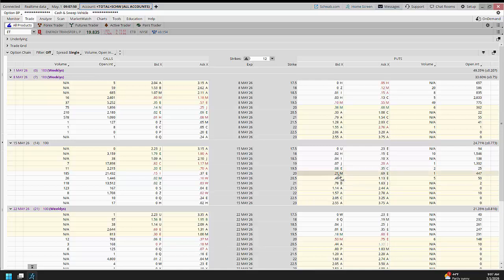So generally speaking, 10 cents by 55 cents is a wider bid ask spread than one week out, where it is 9 cents by 35 cents. Even if I were to go out an additional week, the bid ask spread here for the same option, these are all the 1950 puts, is 19 cents by 59 cents.